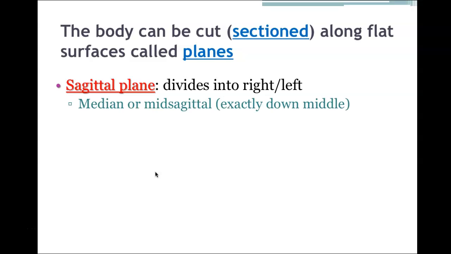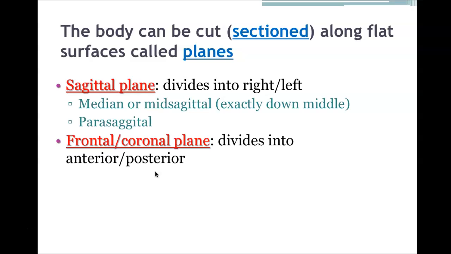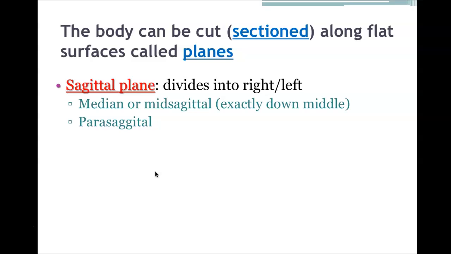So medial or mid-sagittal actually means exactly down the middle. Parasagittal would mean, so let's say you're separating left from right, but you're not going exactly down the middle of the body. You're kind of going down the side. That would be called parasagittal.